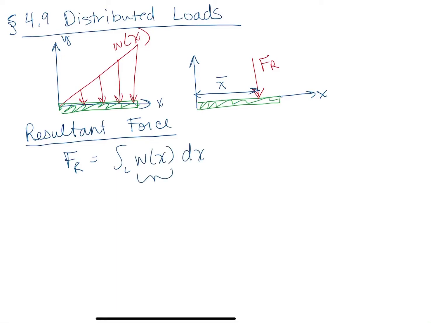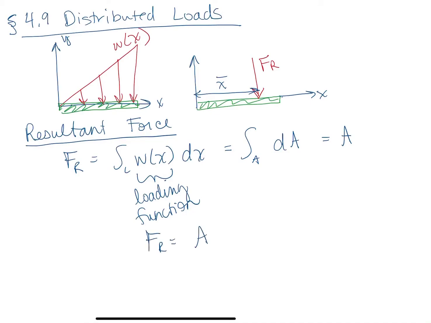And this is the loading function. This equals the integral across A of dA, which equals A. So basically the resultant force equals the area, and A is just the area under the loading diagram.